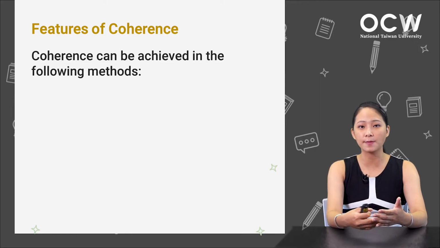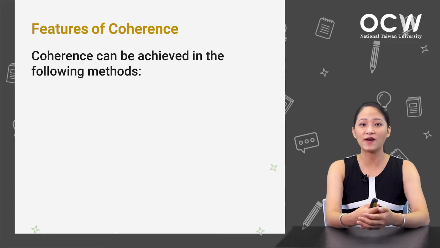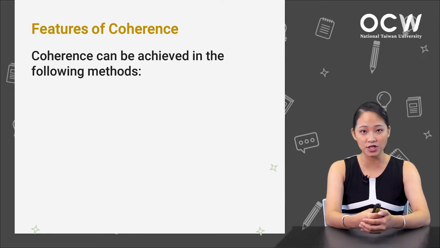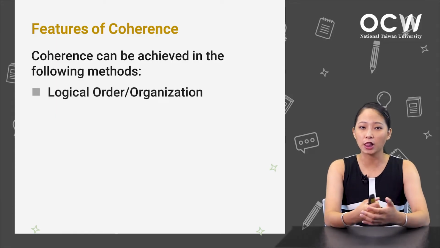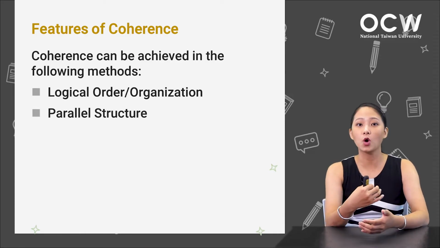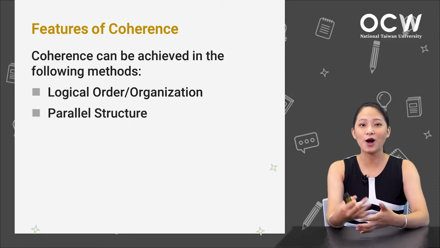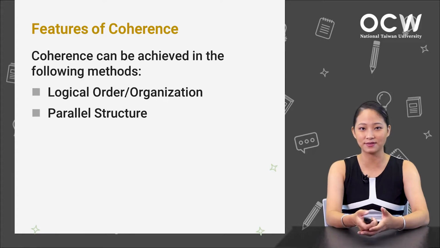And so we're going to be talking about two different types of identification skills that we can use to establish coherence. Number one, we'll be looking at logical order or logical organization. Next, we can also use parallel structure to help with the establishment of coherence.